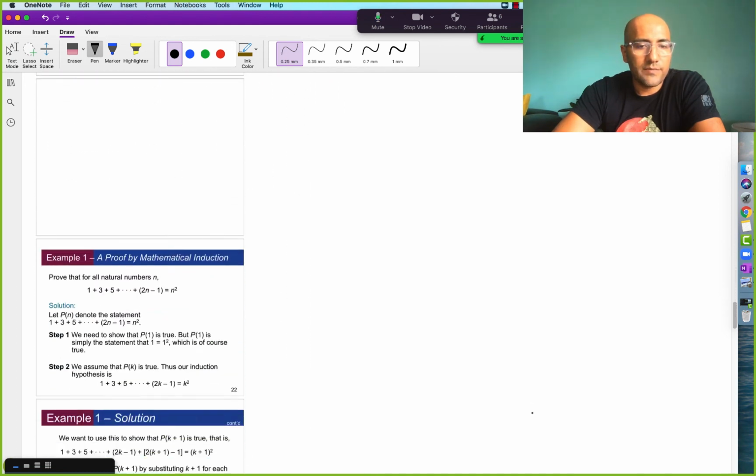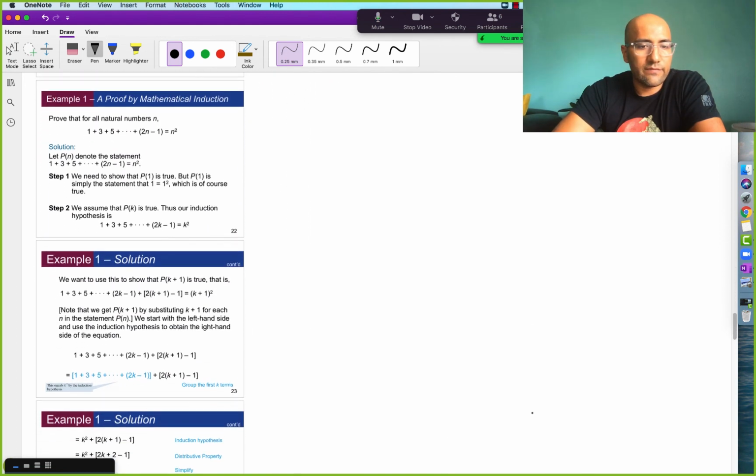Okay, let me see what the author did for this one, which is pretty much similar. Step 1, show that it's true for P of 1. Okay, so 1 equals 1 squared, got that part. Assume that it works for P of k. So here is the statement for the kth value, n equals k. And then we want to show that it's true for P of k plus 1. Good. So here is the statement of what it looks like.